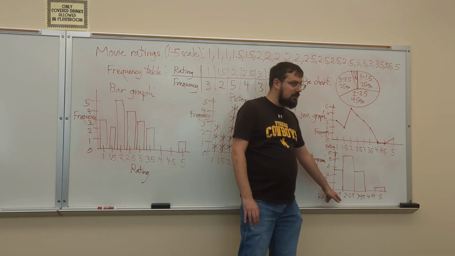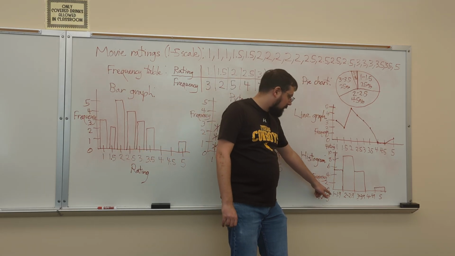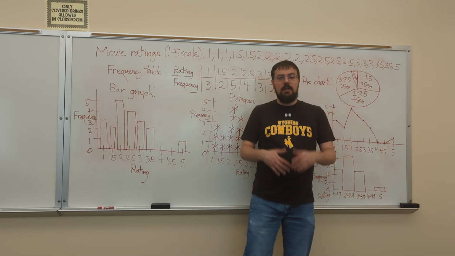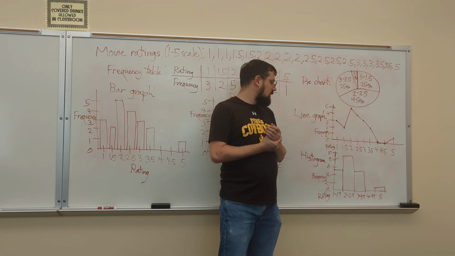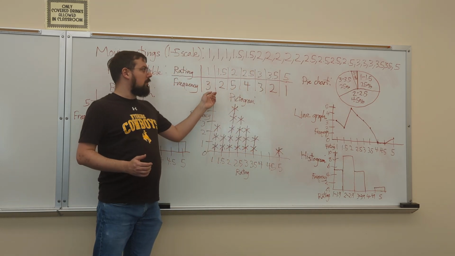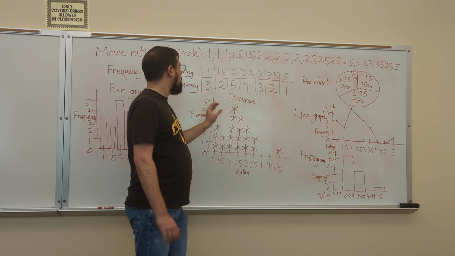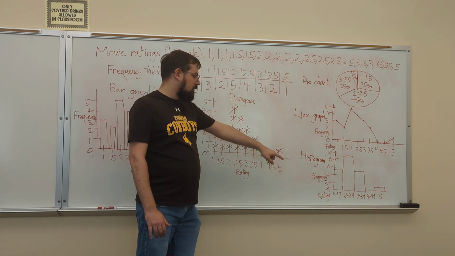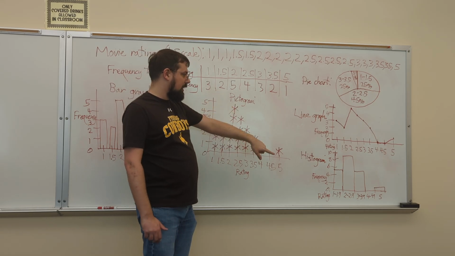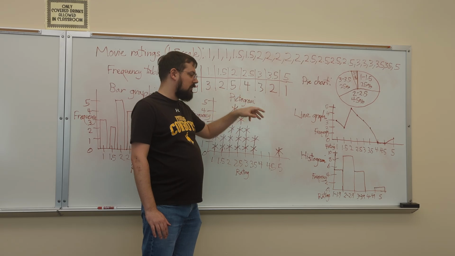Also down here, instead of having individual values of our variable, we have ranges. So 1 to 1.9, 2 to 2.9, 3 to 3.9, and so forth and so on. So what we're doing with a histogram is we're taking our data values from our frequency table and we're placing them into bins. So in this case, 1 to 1.9, we have this one bin that includes all the 1s and 1.5s, 2 to 2.9. The next is our next bin, and that includes all of our 2s and 2.5s and so forth and so on.